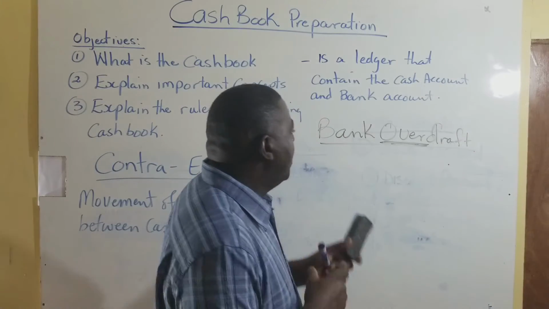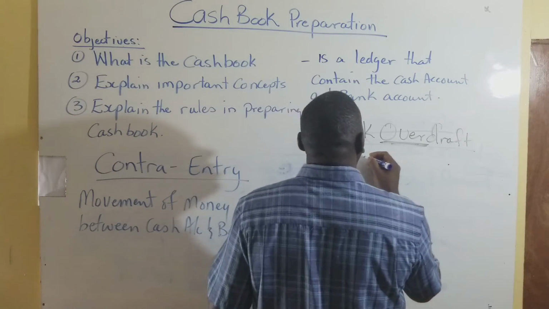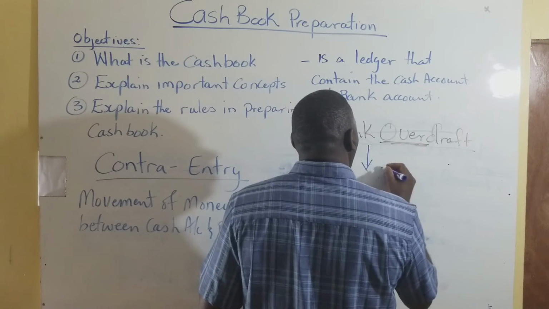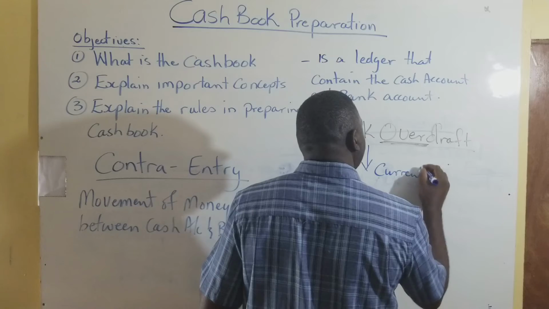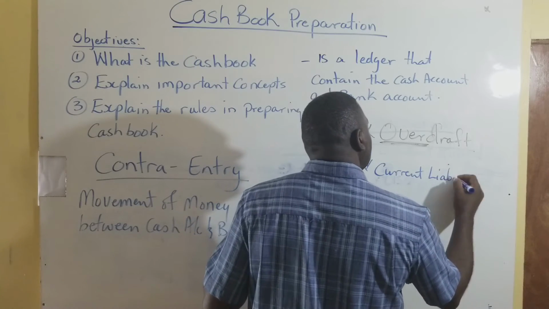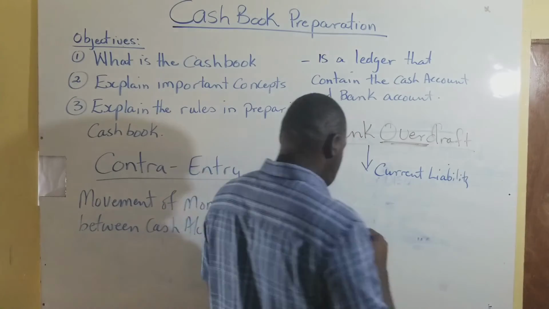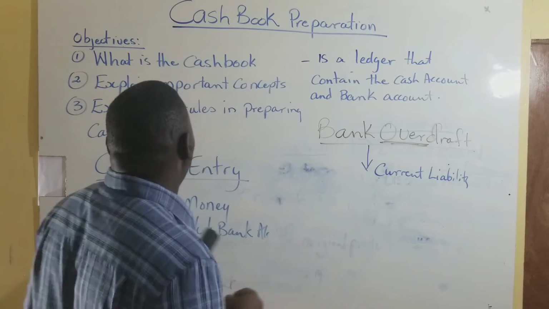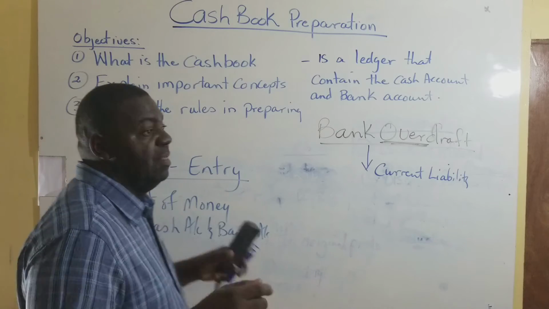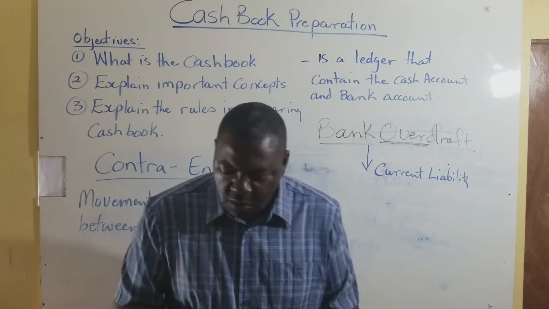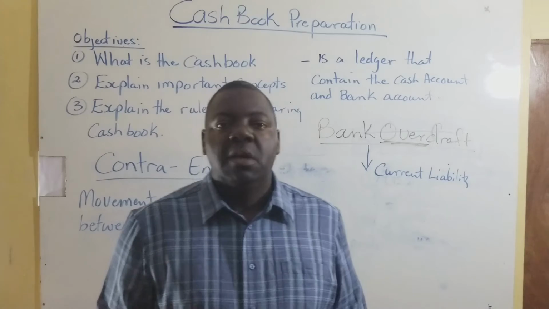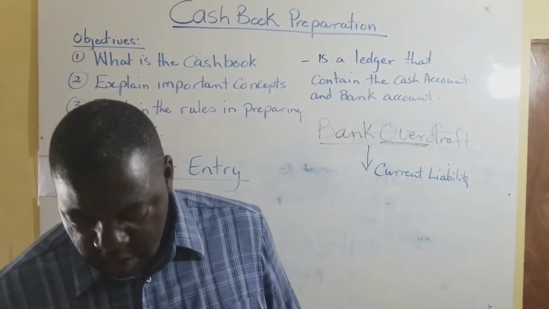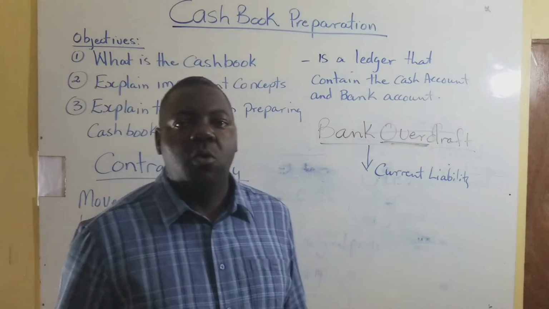Okay, and we had said some time ago that bank overdraft is a liability. More or less, we said current liability, right? Bank overdraft is a current liability. Since we're going to be talking about the cash book, which contains the cash account and the bank account, we would really like to share that information with you as it relates to the bank account.